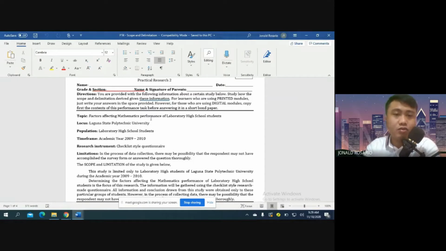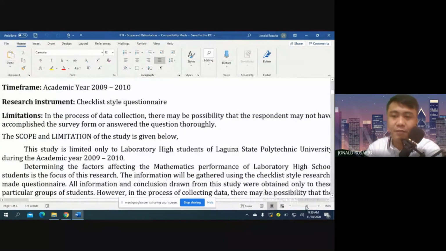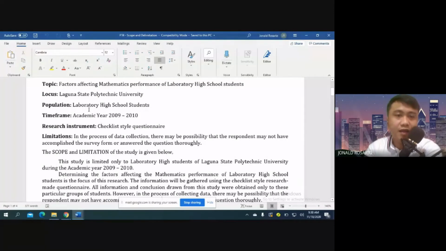So that's the locus, sa Laguna State Polytechnic University. Ang population naman, kung saan or kung sino yung inyong mga respondents, yung mga pagkukuhanan natin ng ating respondents. And this time, ang ating pagkukuhanan ng respondents ay yung mga laboratory high school students.